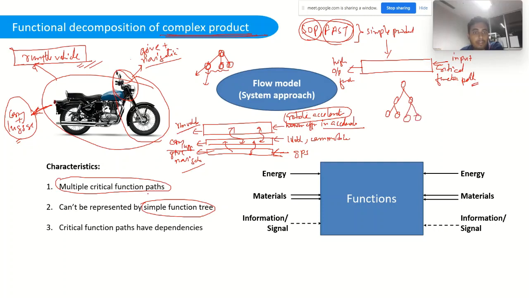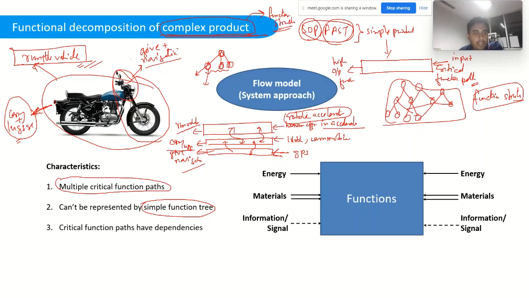However, in a complex product you have a lot of parallel trees, and there are relationships in between. So at the end, this is not a tree structure, it ends up as something called a function structure. So in functional modeling of complex products, you end up developing a function structure instead of a function tree.